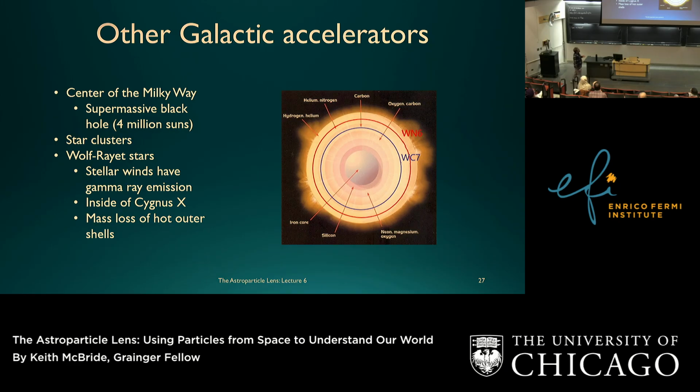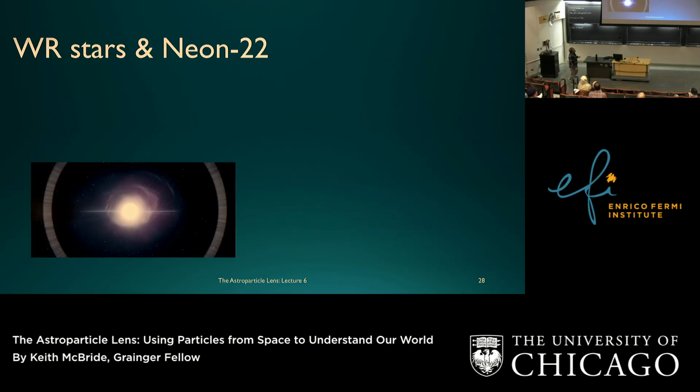This mass loss of the outer shells means that the material that's being produced is higher charged, heavier nuclei, right? And so Wolf-Rayet stars are actually very interesting in terms of isotopes of cosmic rays. For example, neon-22.